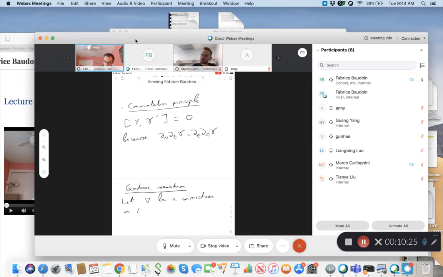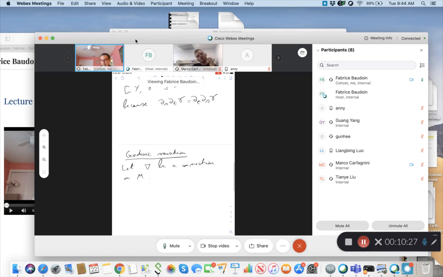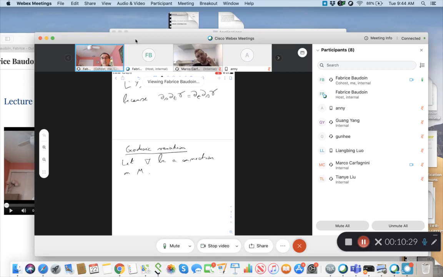Remember that at this point, I did not yet speak of Riemannian or pseudo-Riemannian structure. So really, when I speak of a geodesic, it has nothing to do with something which is length minimizing. So get this out of your mind. At this point, a geodesic is only related to a connection. That is, this is a solution of a second-order nonlinear differential equation associated to the connection.